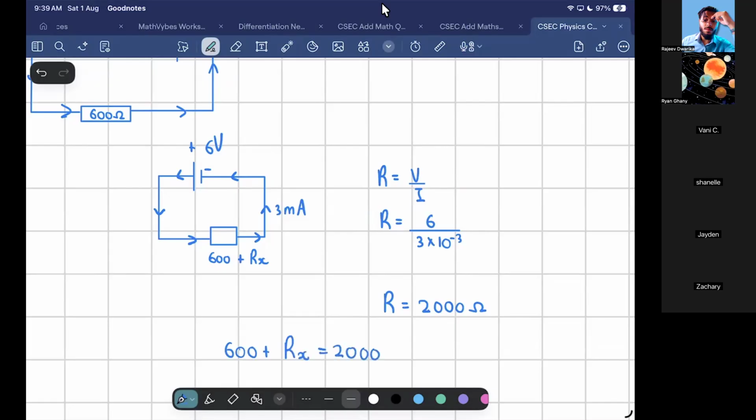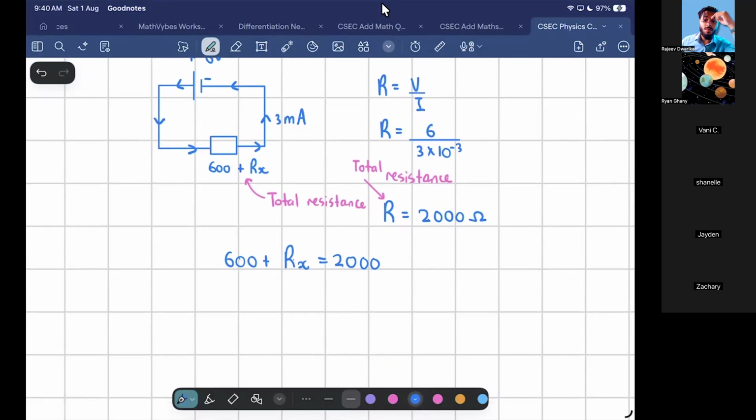This 2000 ohms really represents the total what? Total resistance. This is telling us the total resistance, and didn't we find the total resistance here in terms of RX? Yes, sir. So they are equivalent to each other. So what next?